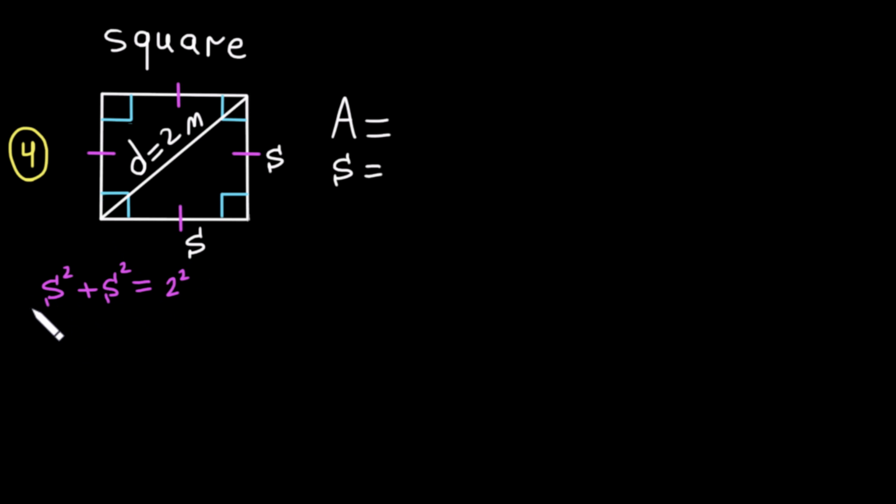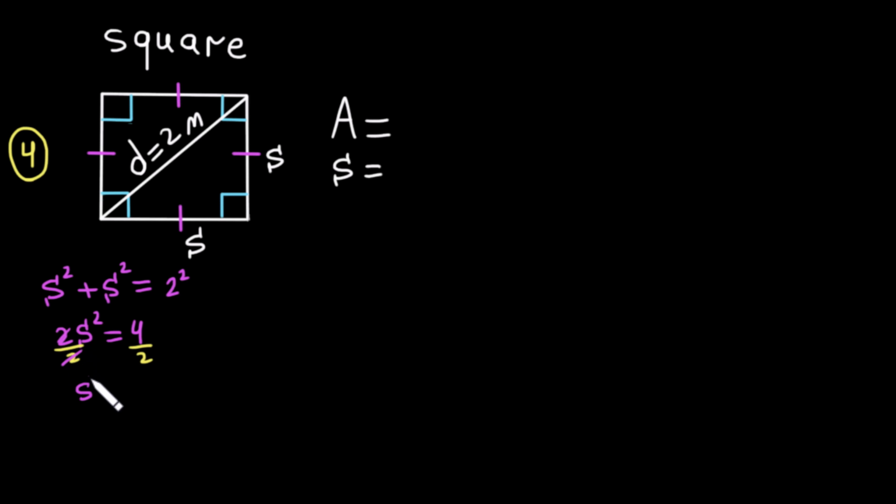Now let's simplify this. s squared plus s squared, which is 2s squared, equals 2 squared, which is 4. Now let's divide it by 2 because we want to find the value of this s. So here this 2 will vanish with this 2.